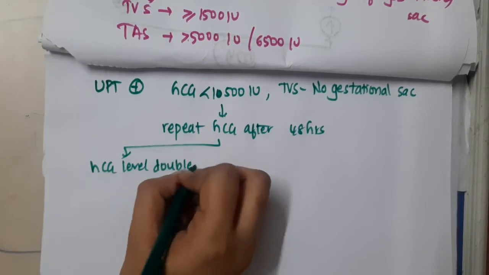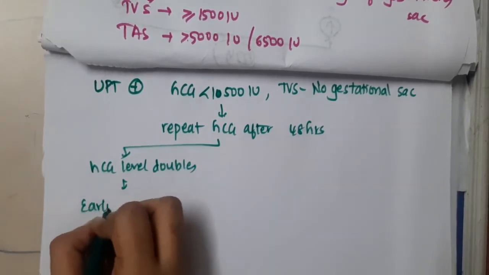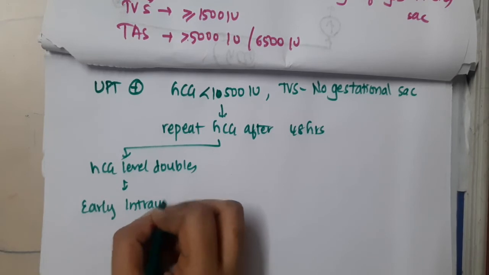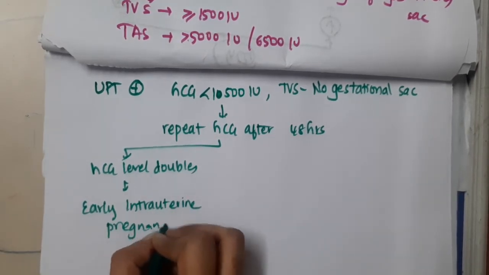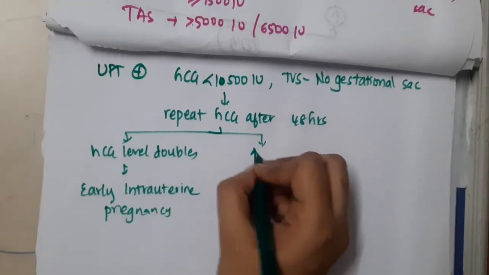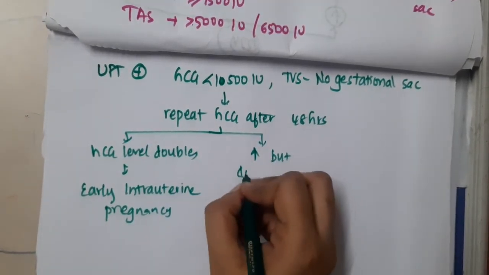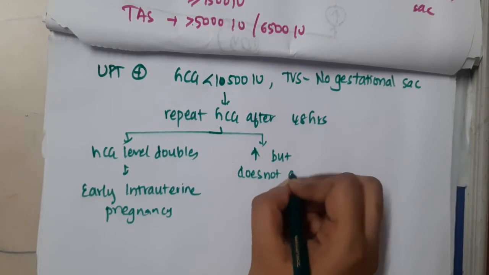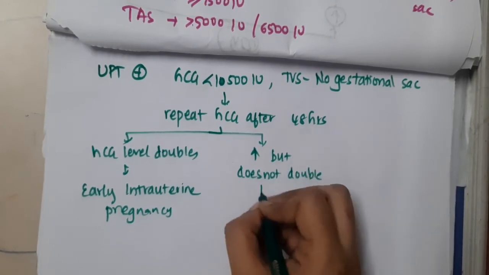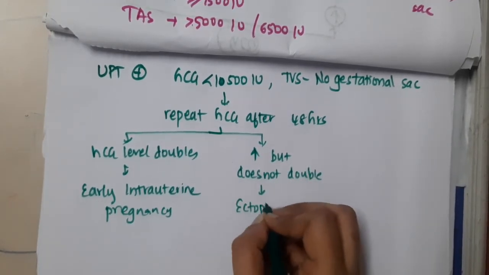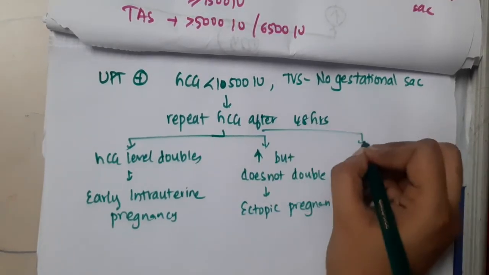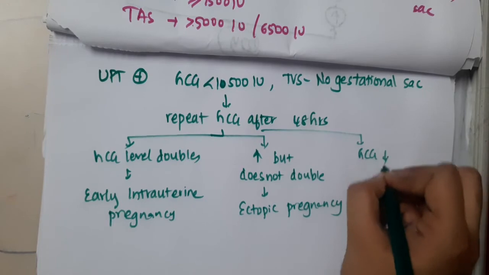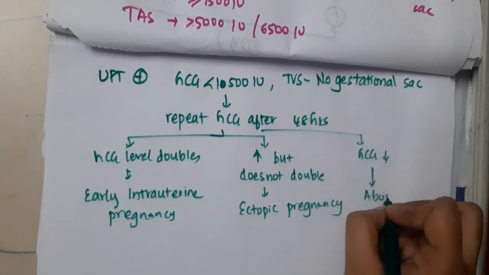After repeating beta HCG, if the HCG level doubles, then it is early intrauterine pregnancy. If the HCG level increases but does not double, then this is called ectopic pregnancy. If the HCG level decreases, then it is abortion.